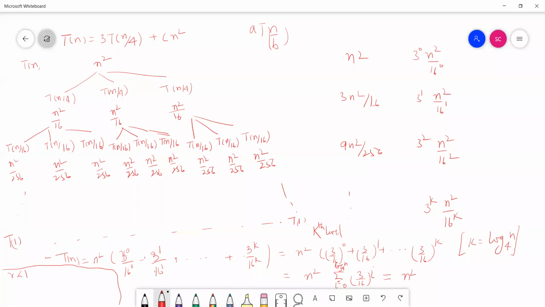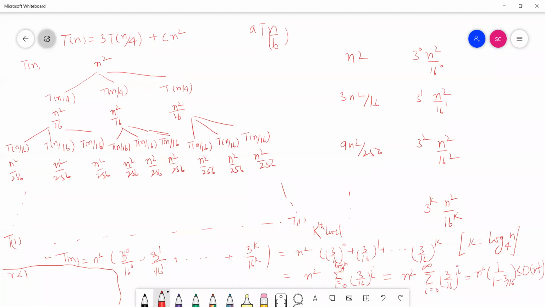As n square sigma i equal to 0 to infinity, since log n base 4 tends to infinity, 3 upon 16 to the power i for every value. And the sum of infinite terms is n square times 1 upon 1 minus r, 1 upon 1 minus 3 upon 16, that is equal to order of n square. Got my point?